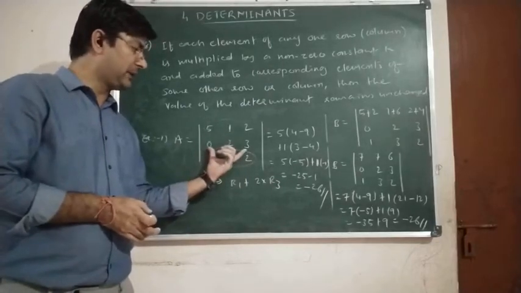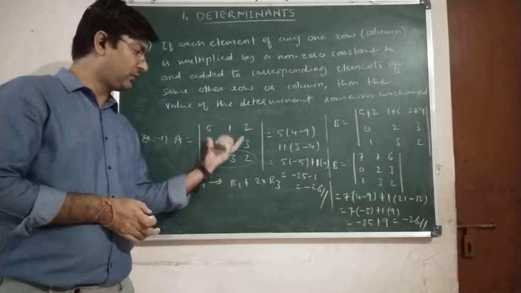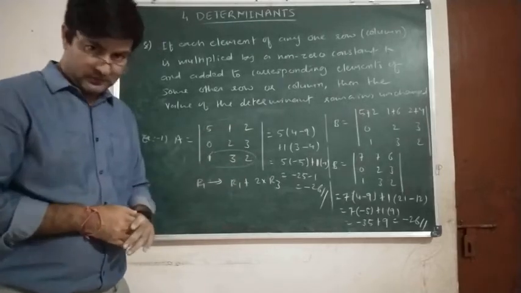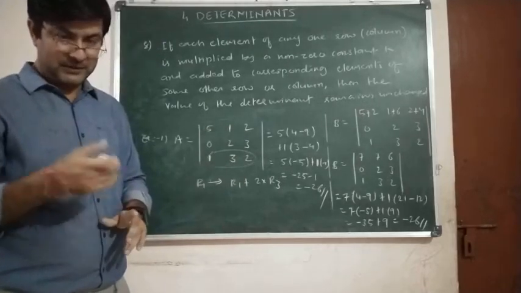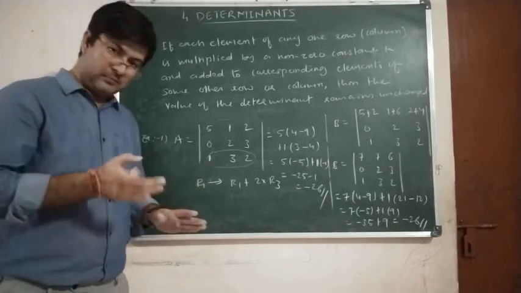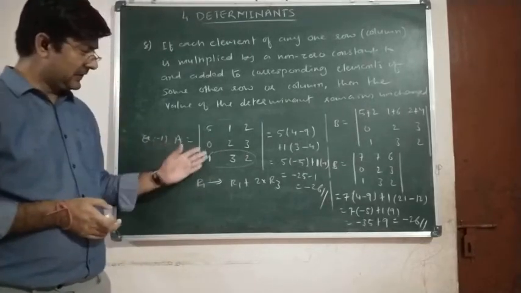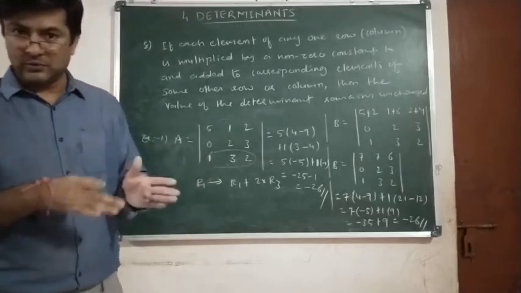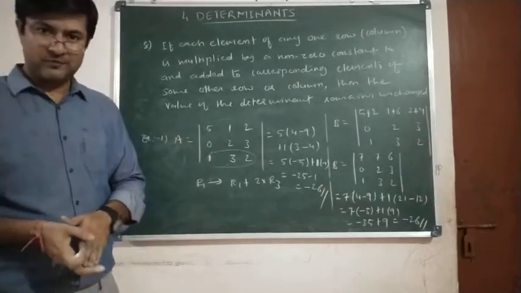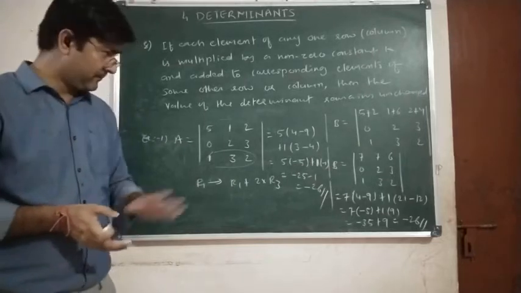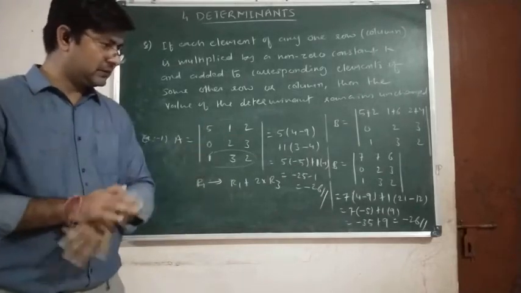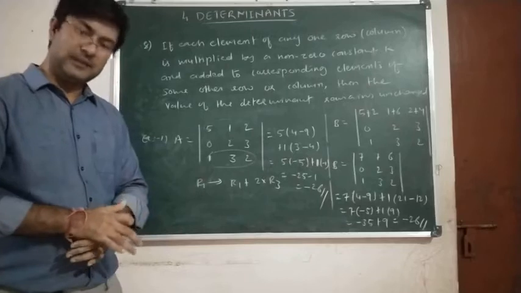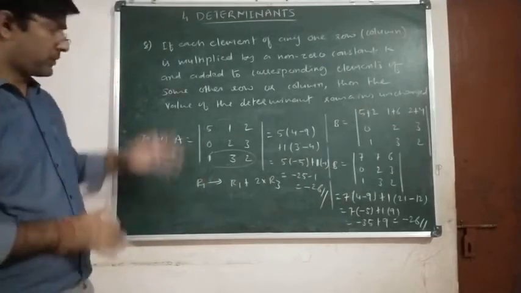You can multiply elements of second row and then add to first or third, as per the requirement. We can multiply each element of any one row or column and add to the corresponding elements of some other row or column. Then in both the cases the answer will remain same. So this was property number 8.